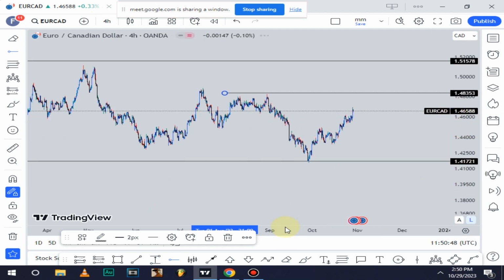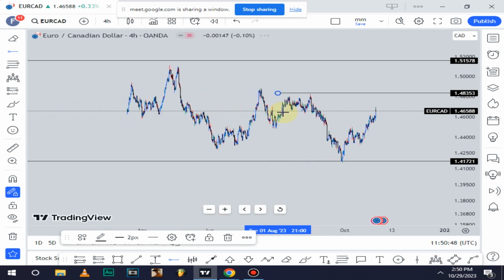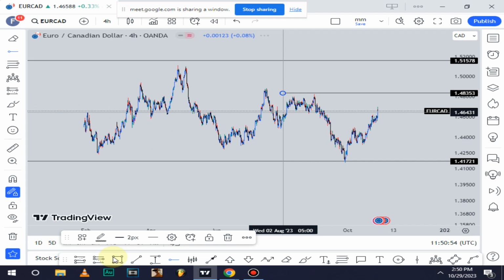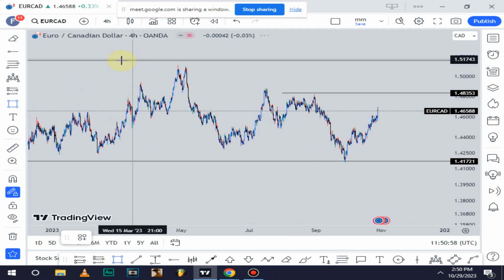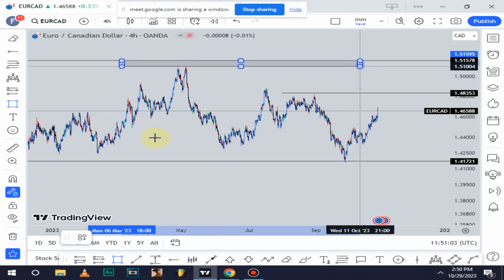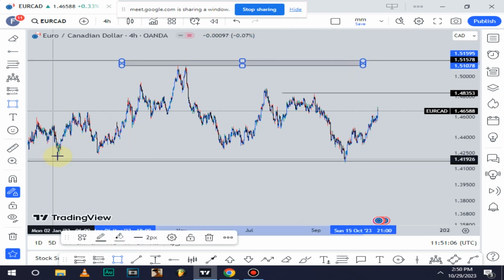Alright, so what I can say is, let me just try and see if we can trade a demand and supply type of trading. So we have this as our supply zone. Of course, this should be a supply right there, then this should be our demand zone.